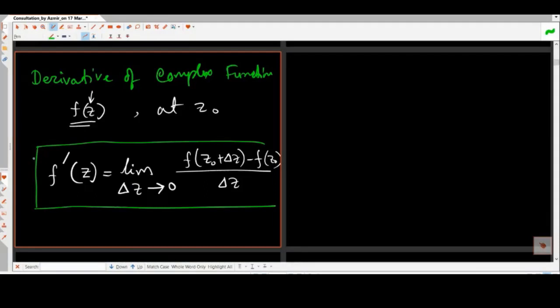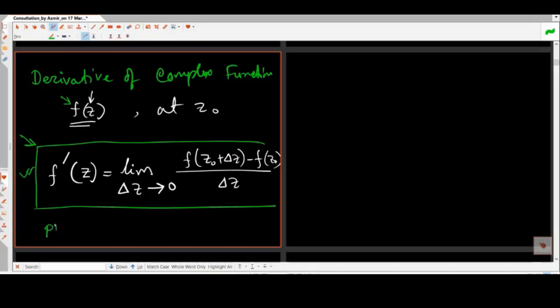Whenever we target the first derivative of f(z) at z naught, it is defined by this limiting concept, but this limit should exist.